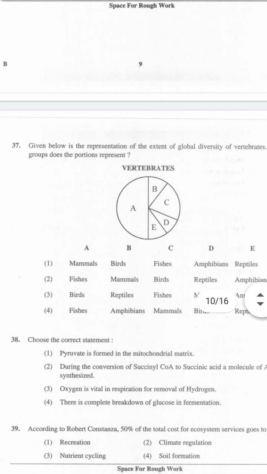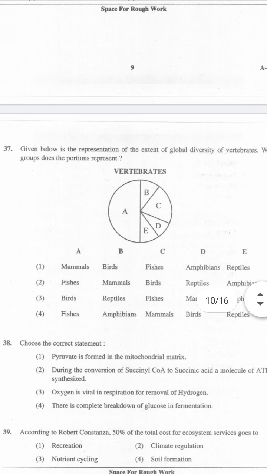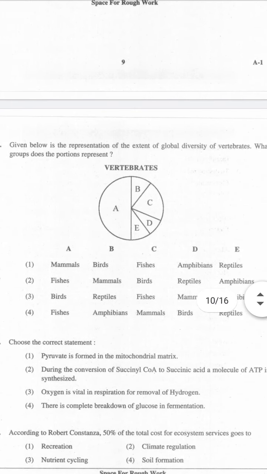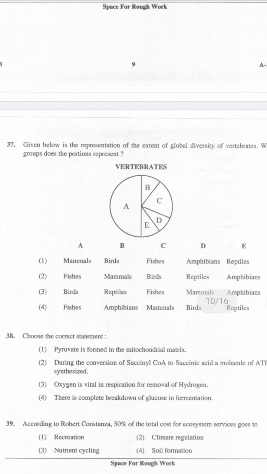In the given 4 options, the correct option for this question is option 2. So A is fishes, B is mammals, C is birds, D is reptiles, E is amphibians. Hope this is clear to you all.